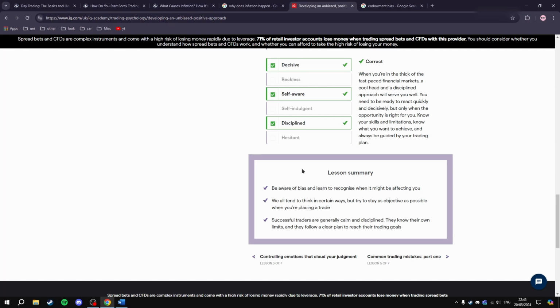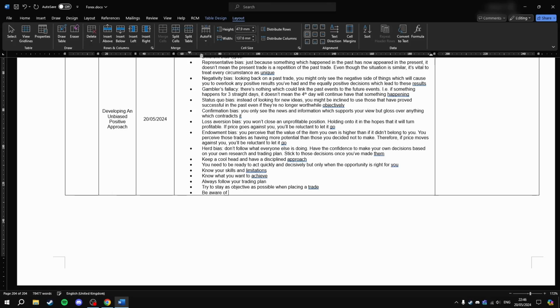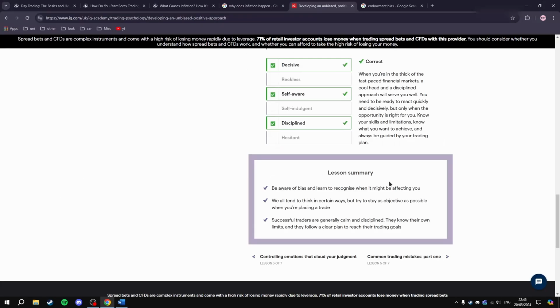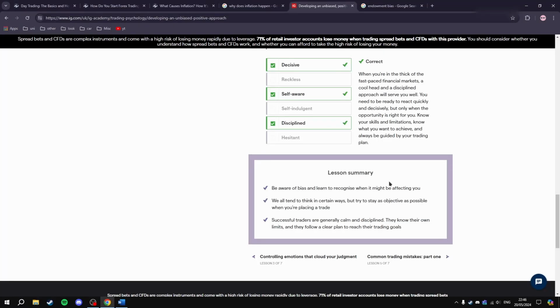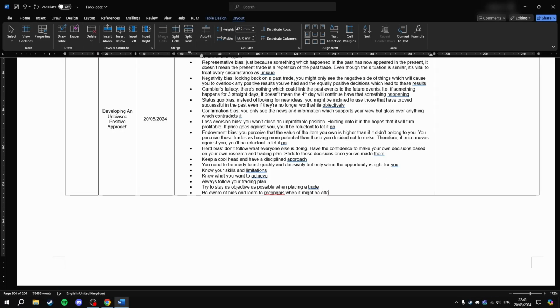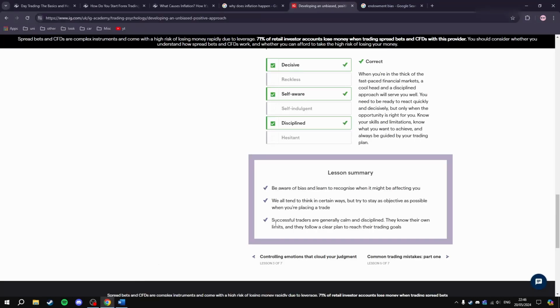They know their own limits and they follow a clear plan to reach their trading goals.